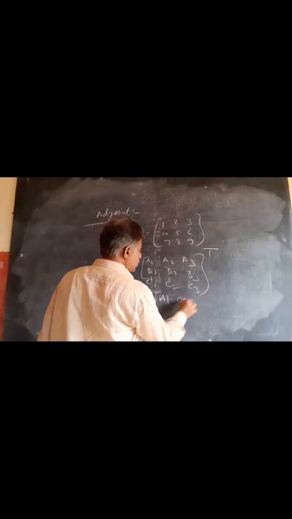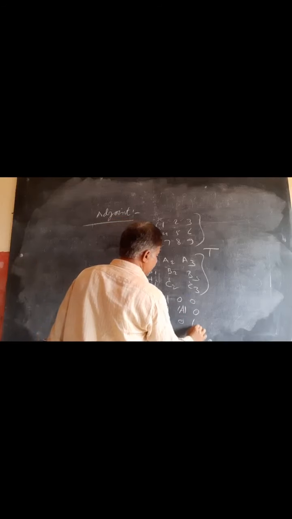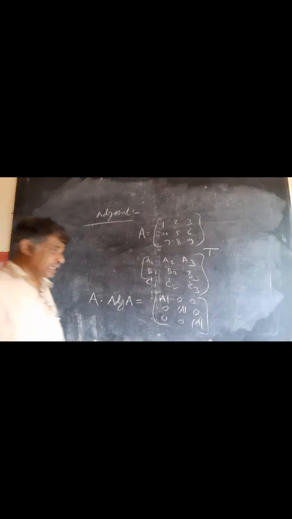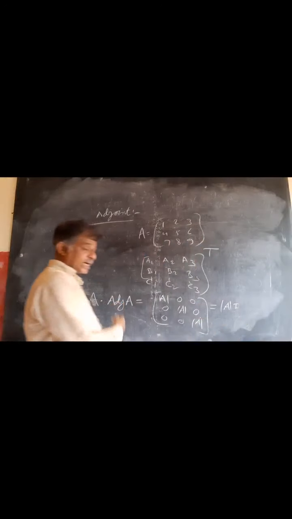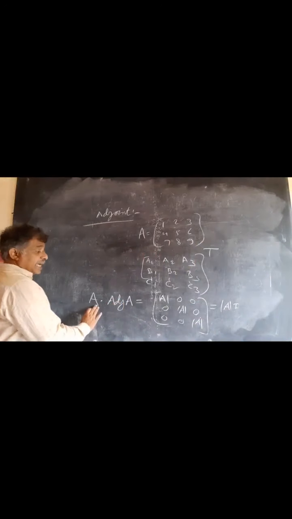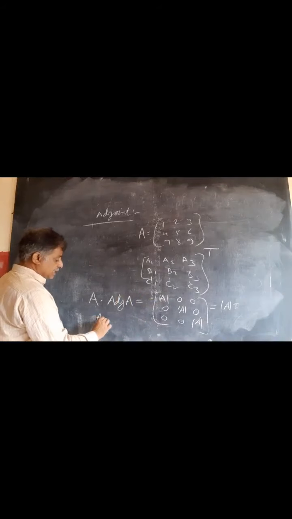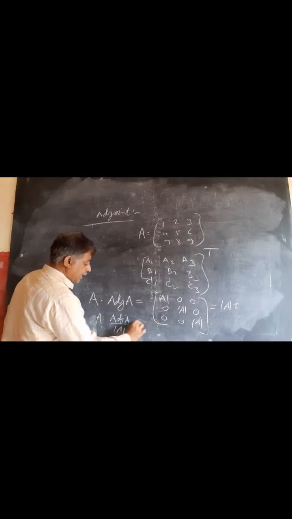Det A 0 0, 0 det A 0, 0 0 det A. Like this we will get A into adjoint A. This one we will write as det A into I. If we take det A common, that becomes A into adjoint A by det A. If I bring it on this side, A into adjoint A by det A equal to I.